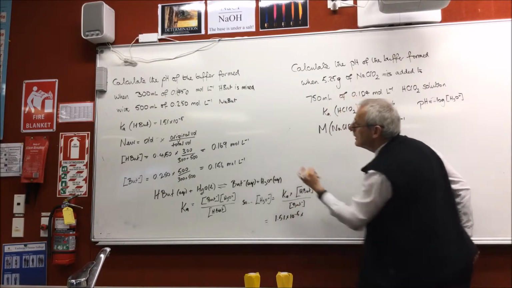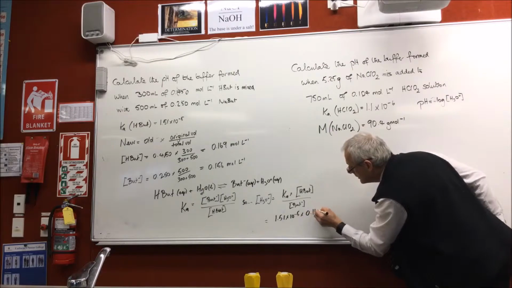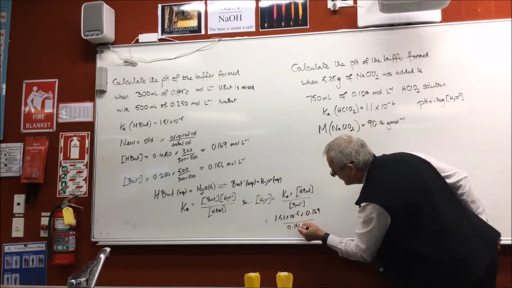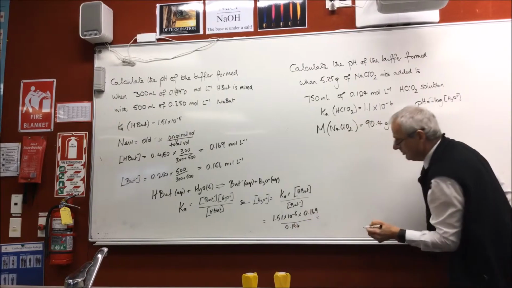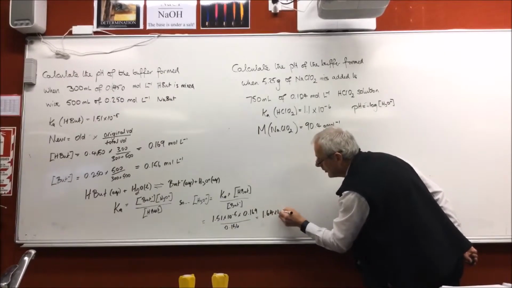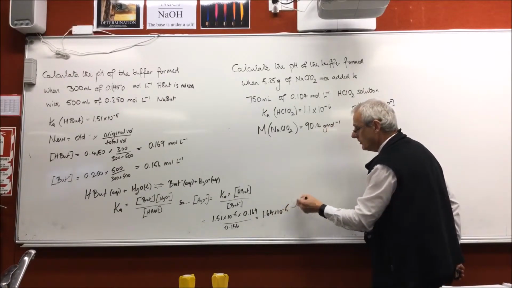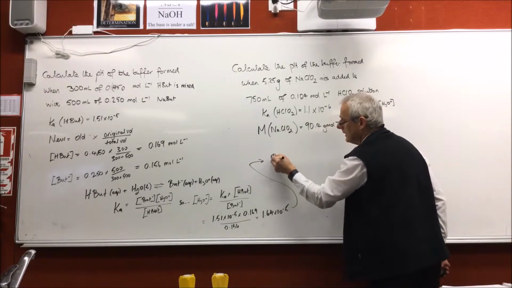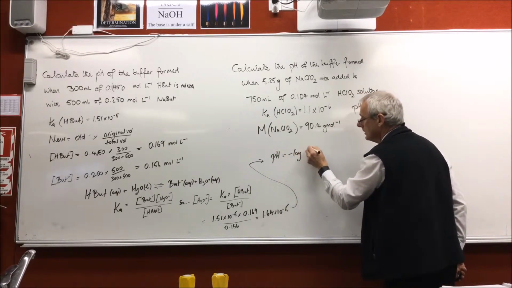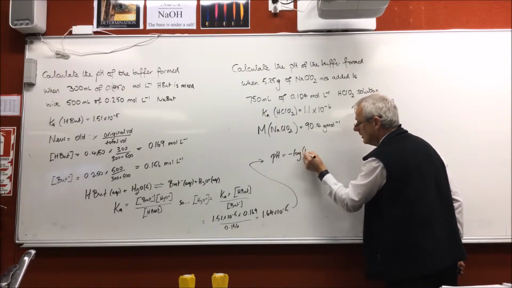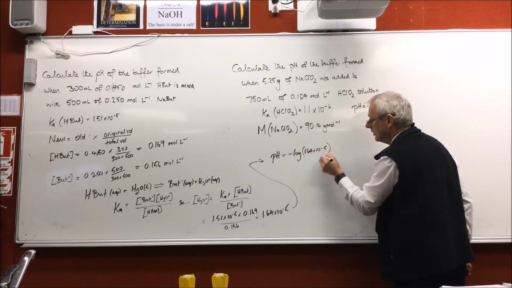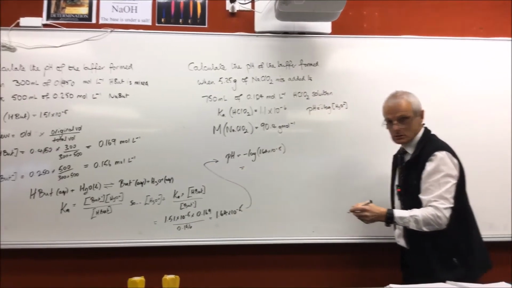HBUT is 0.169, and that's divided by 0.156, which is 1.64 times 10 to the minus 5. That's the concentration of H3O plus. So the pH is equal to minus the log of that. 4.79.